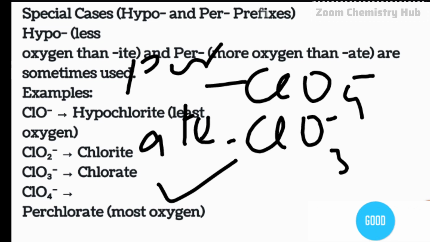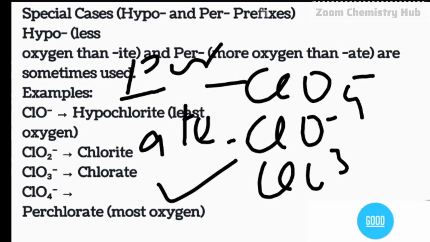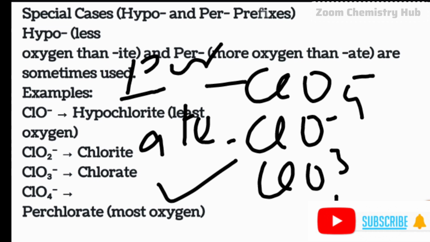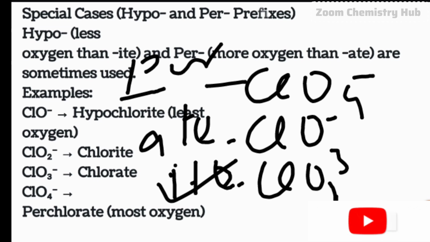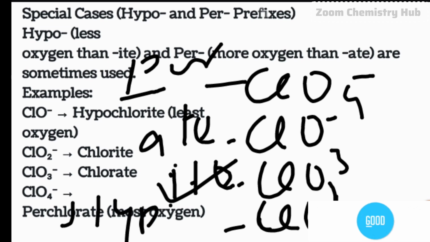When one more oxygen is less, that is ClO2 minus, this is called chlorite, ITE. And when there is one more oxygen less, that is ClO minus, this is called hypochlorite.